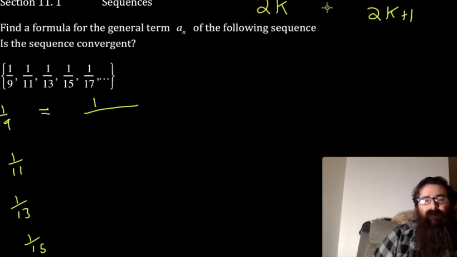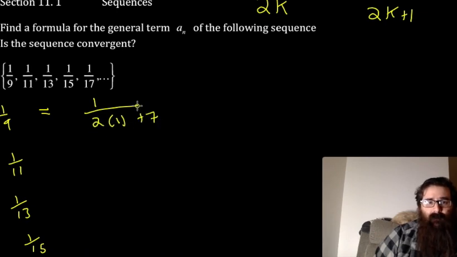And this is how we would define even and odd numbers in general. Since I have odd numbers, it's likely not going to be identical to this definition, but I can use it to help out. So here I could say, for this 9, I could do 2 times 1, but then I'm going to have to add 7 to bring me up to 9. And this gives me a good place to start. I'll put this one on the back burner and move on to the next one.